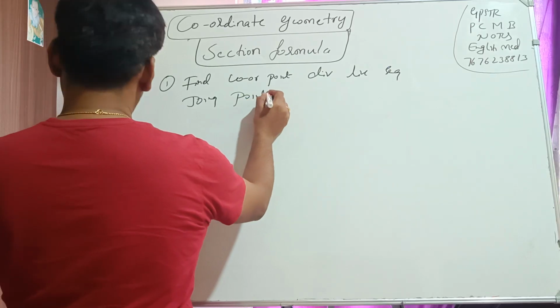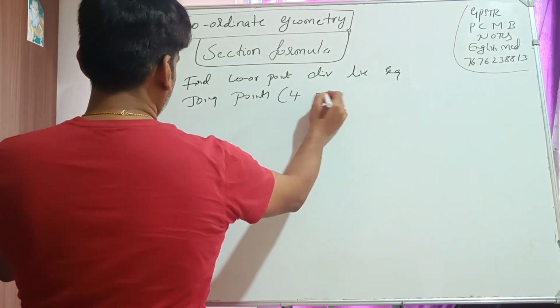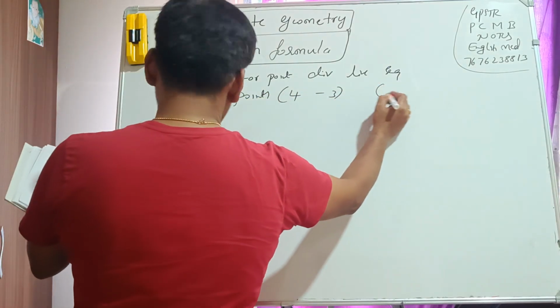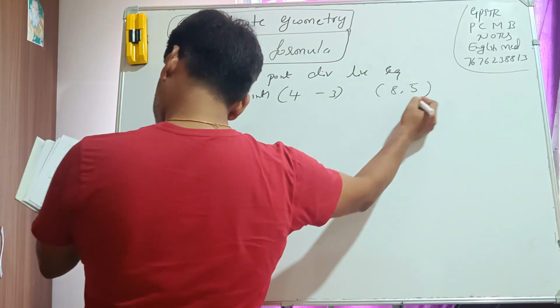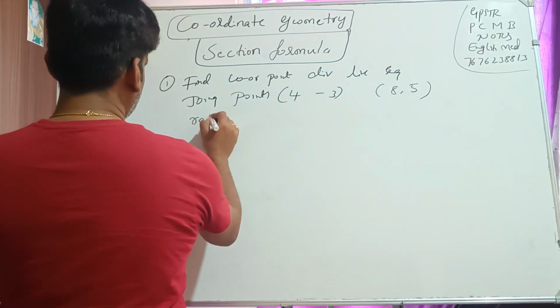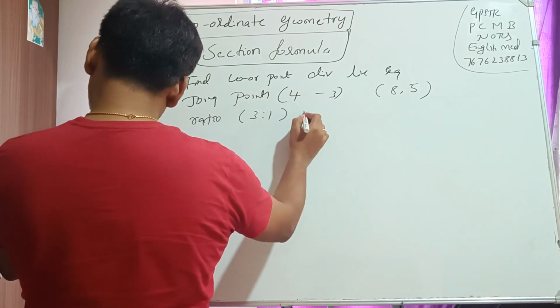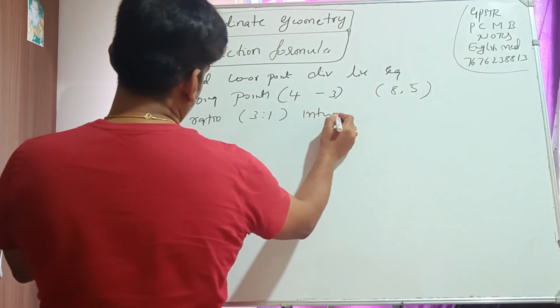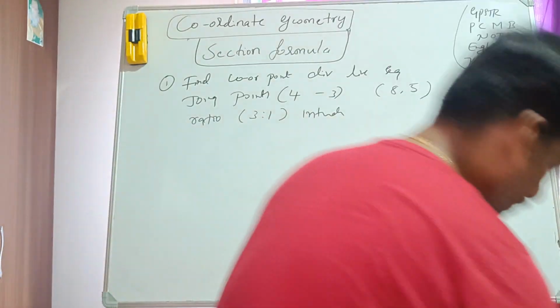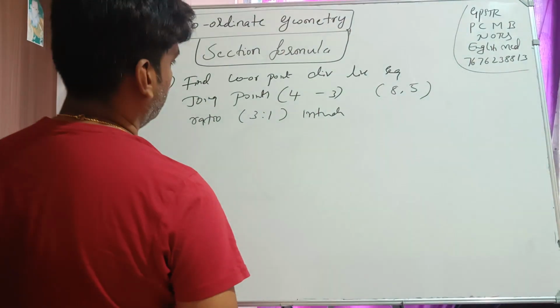They have given the points: (4, -3) and (8, 5). And the ratio is also given. The ratio is 3:1 internally. This is the problem. It's not a question paper problem, but we should solve this problem, right?